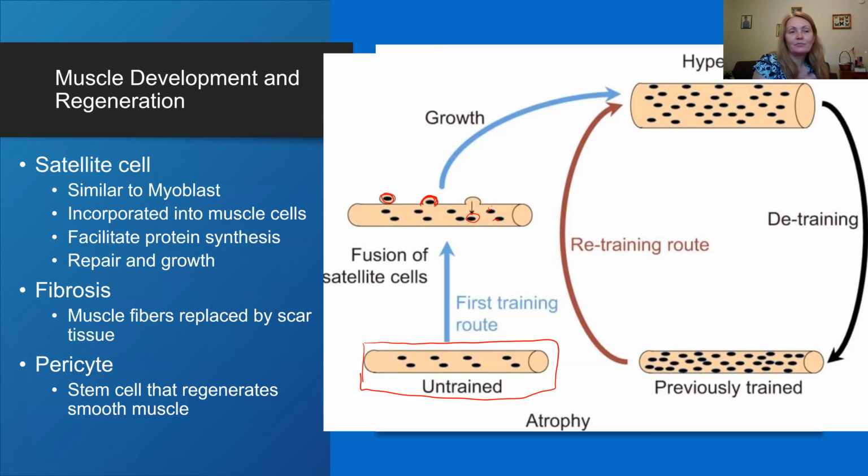And this is where we replace muscle cells with scar tissue. So if, for example, you cut yourself and it's a deep cut to your muscles, you might have a scar. And this scar is a repair of your muscles by scar tissue instead of by muscle tissue.